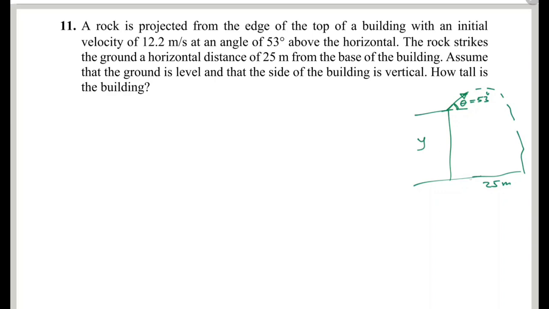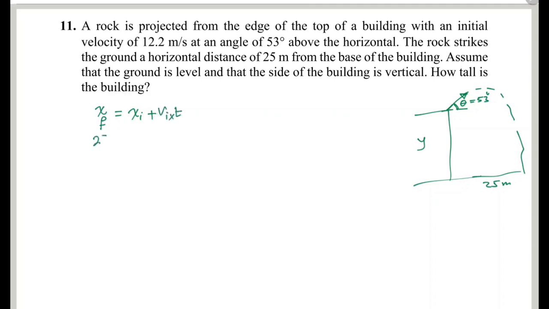From the information of x, we need to calculate the time and substitute that time back in the y equations. So x final equal to x initial plus the initial x t.